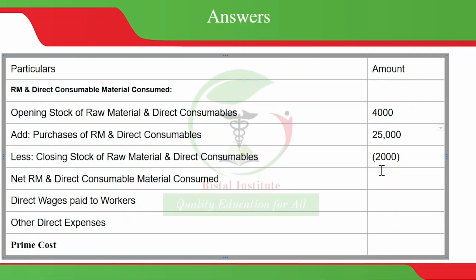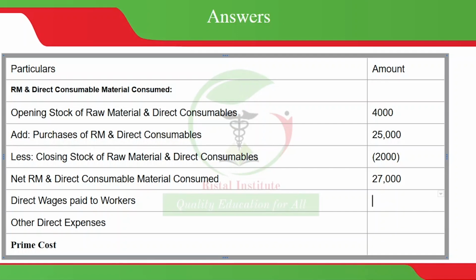So the net raw materials and direct consumables consumed are 27,000.